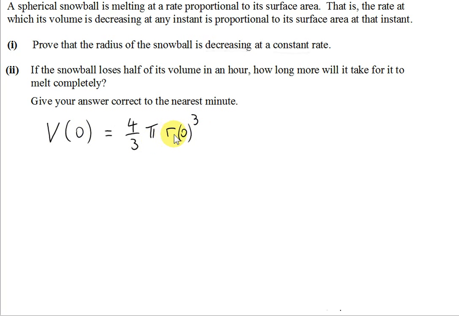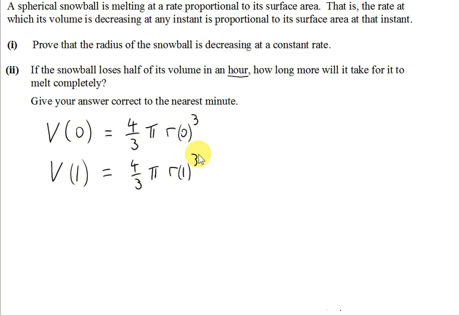We'll get back to an expression for r(t) soon. Now, we're assuming here that t is in hours. The snowball loses half of its volume in 1 hour. Let's first of all look at V at time 1.